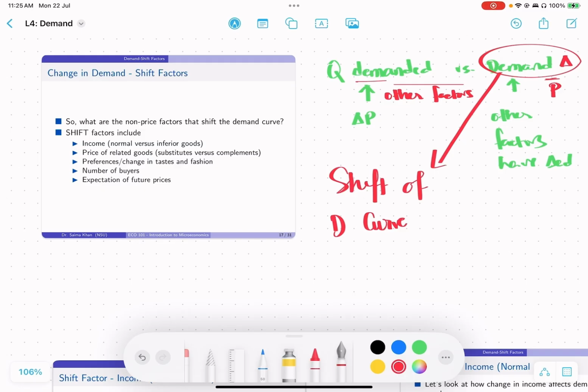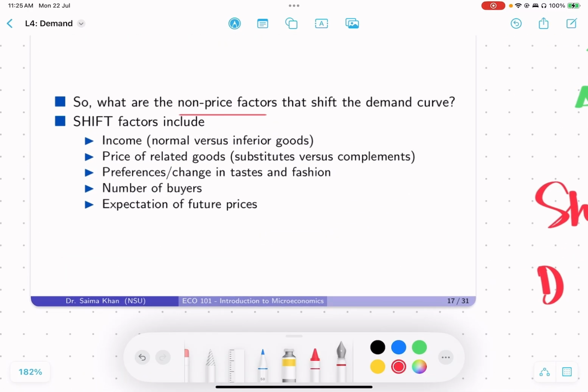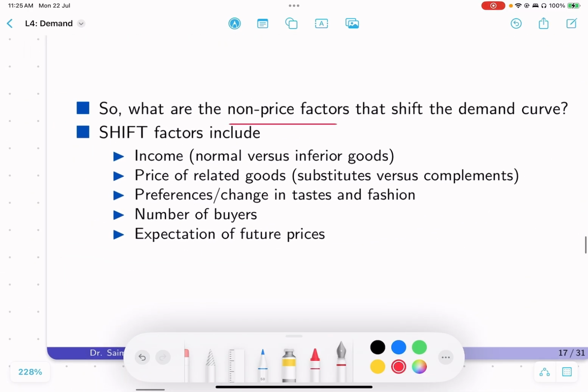All right. So essentially we're asking ourselves here, what are the factors that shift the demand curve, right? Sometimes we call them the non-price factors. What are these factors which are not price that are going to make the demand curve shift? Well, the shift factors are listed here.